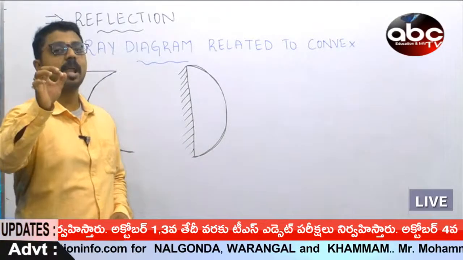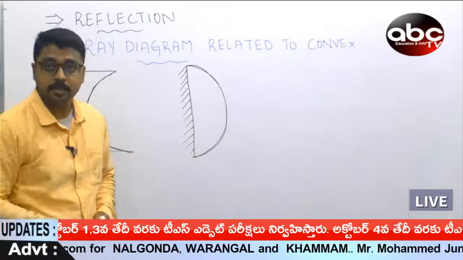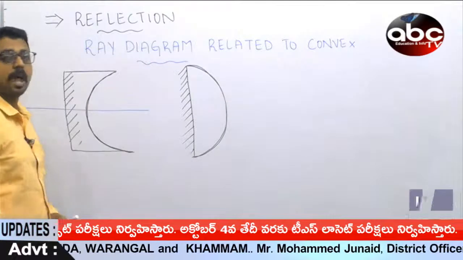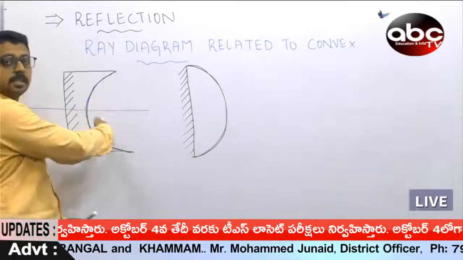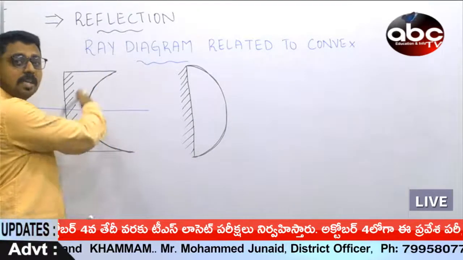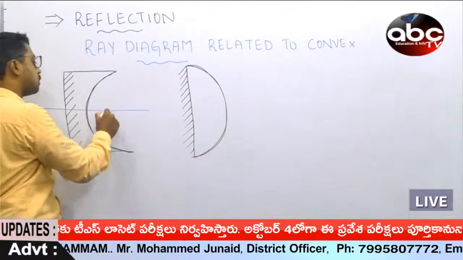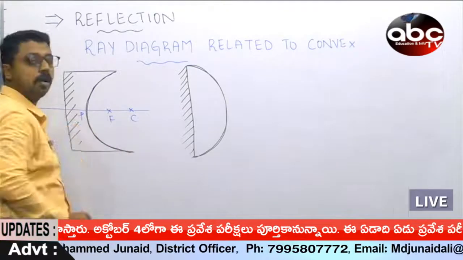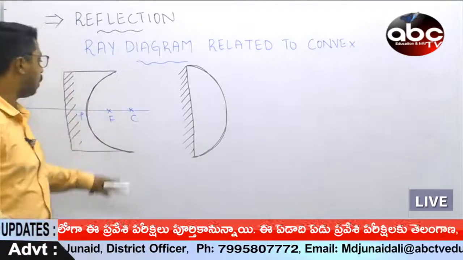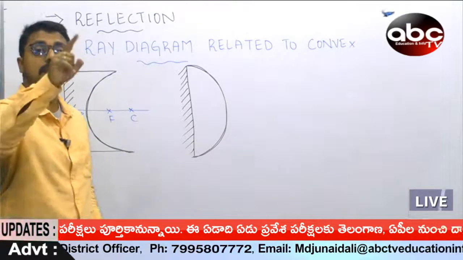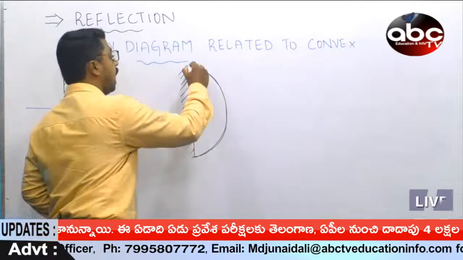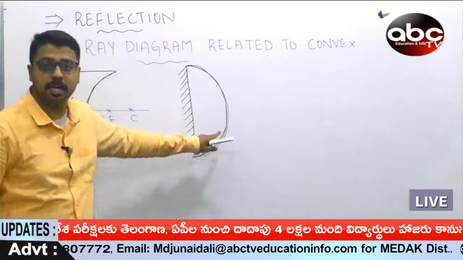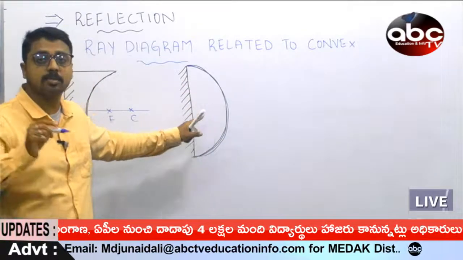So I would like to give you one more small difference. What is that? If we take the principal axis, on the inner side, that is in the concave surface, we are able to expect the focus, the pole, and the center of curvature. But on the contrary, here at the convex mirror, this is the reflective side, the active side.